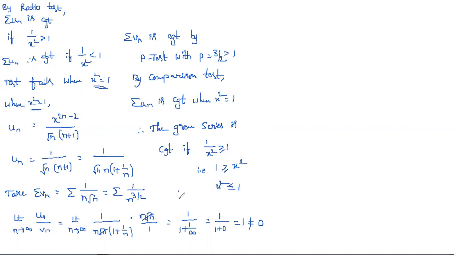And next, divergent if 1 by x square is less than 1, that is, 1 less than x square, so x square is greater than 1. It means divergent is x square greater than 1 and convergent is x square less than or equal to 1. So this is the way you need to solve it if it consists of exponents, by the ratio test.